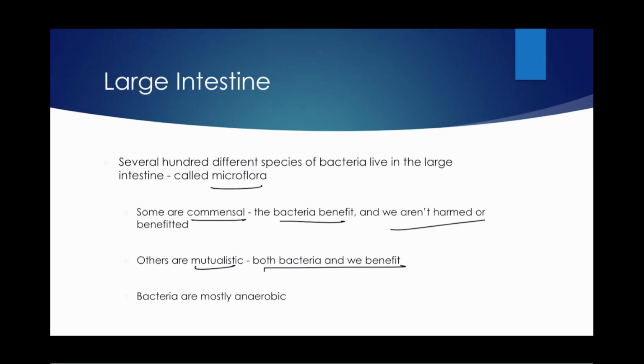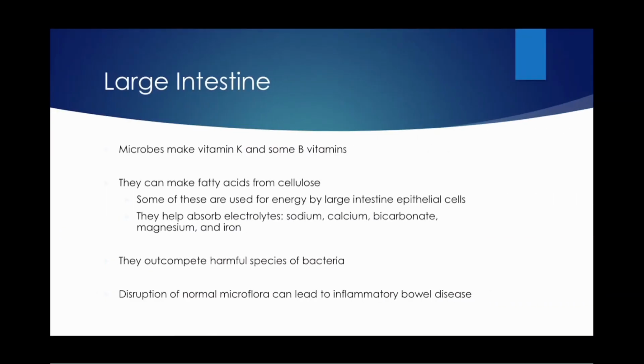So microbes make vitamin K and some of our B vitamins. They can make fatty acids from cellulose, and some are used for energy. They help absorb our electrolytes as well. It outcompetes harmful species of bacteria.